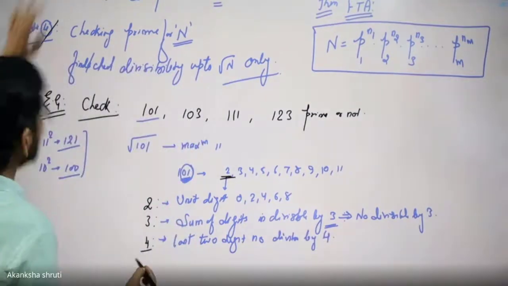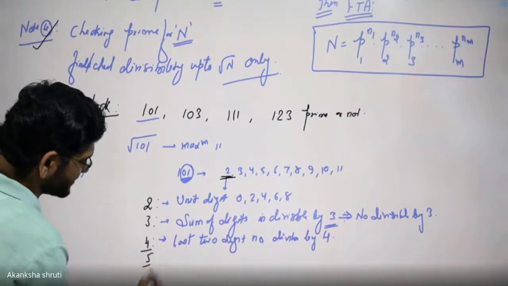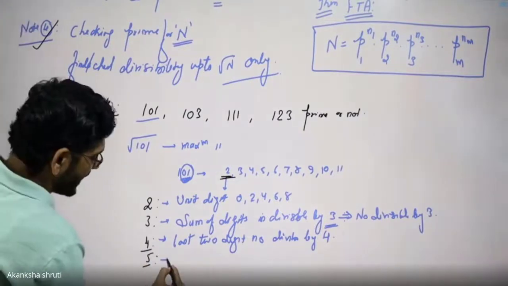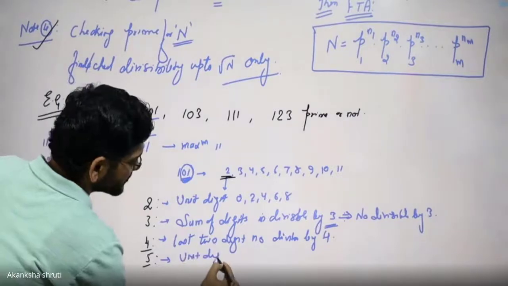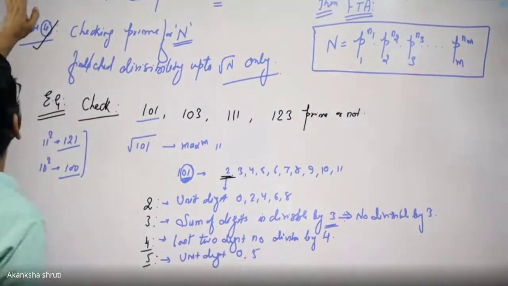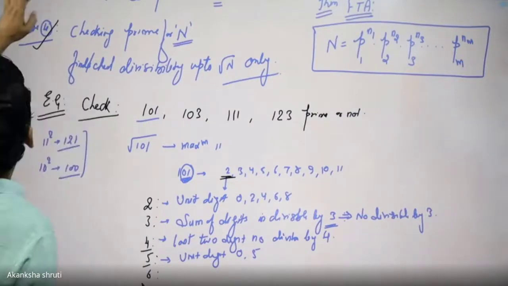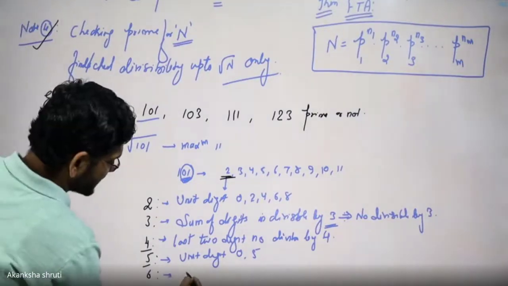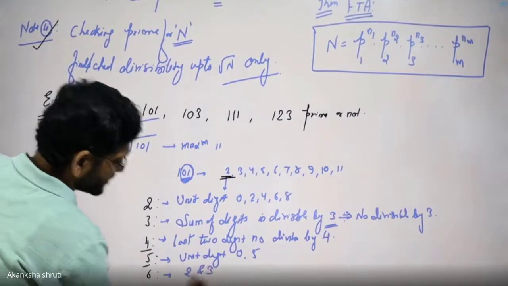Then for 5, we observe the unit digit, which must be 0 or 5. For 6, it must be divisible by 2 and 3.